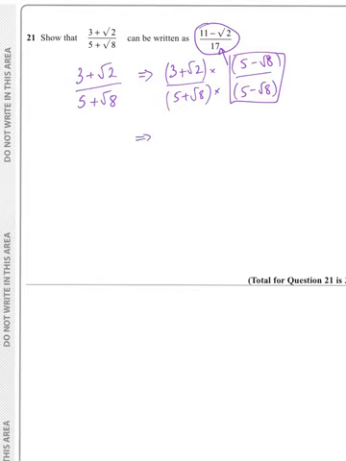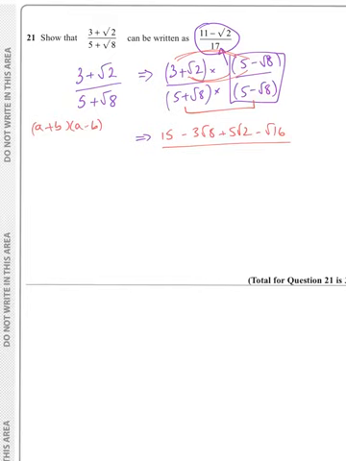So on the numerator, we're going to have 15 minus 3 root 8 plus 5 root 2 minus root 16. And then the reason for timesing by the conjugate, or the opposite sign here, is because we have the form a plus b times a minus b, which always gives the difference of two squares, and the difference of two square numbers is always a whole number.